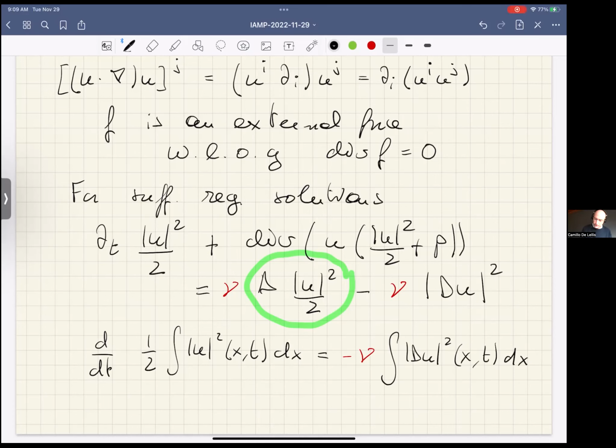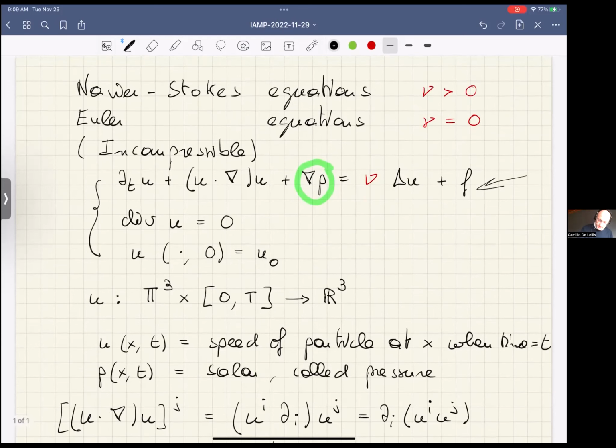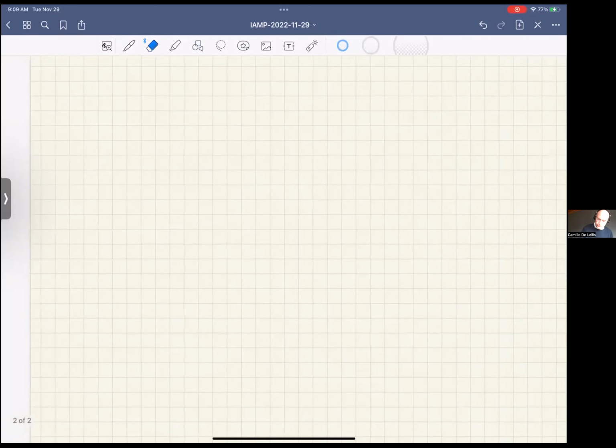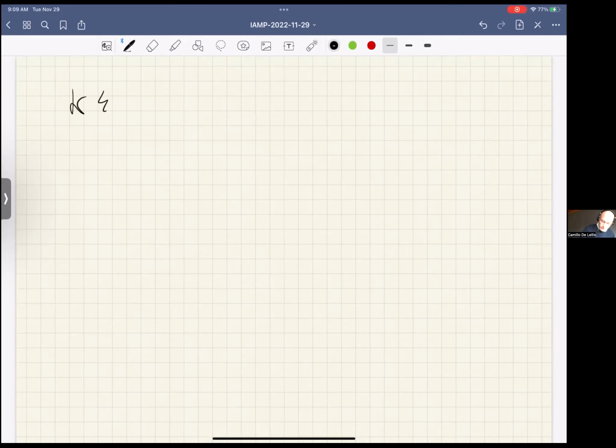Okay, so now here comes what is our main interest in the talk. The Kolmogorov theory of turbulence, usually called K41 theory, has something which is called the zeroth law of K41 theory.